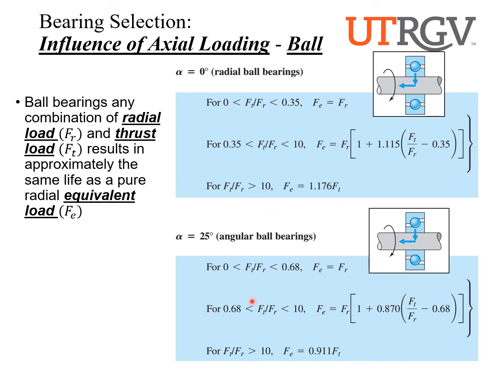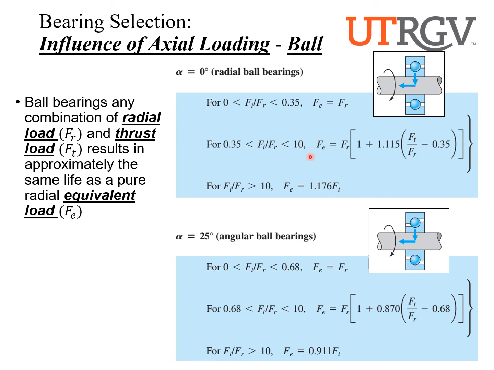If that ratio is bigger than 0.68 but less than 10, we would use this equation, which ends up with a factor greater than 1, upping the radial load for us. If the ratio of thrust load per radial load is greater than 10, then the equivalent load is just going to be 90% of the thrust load.